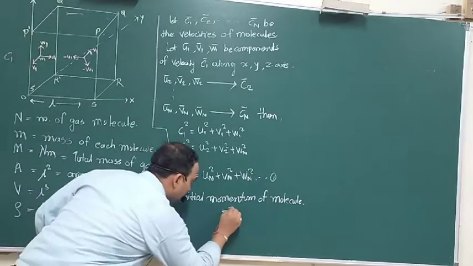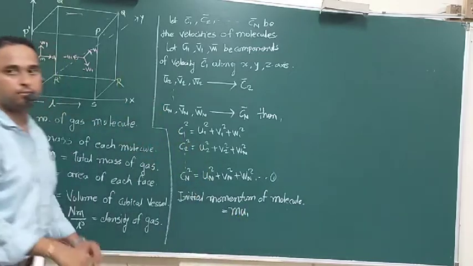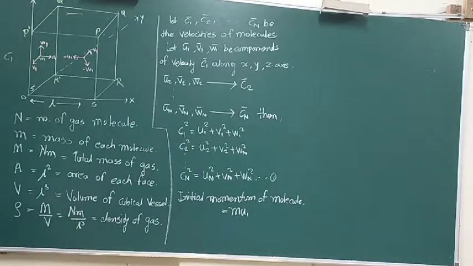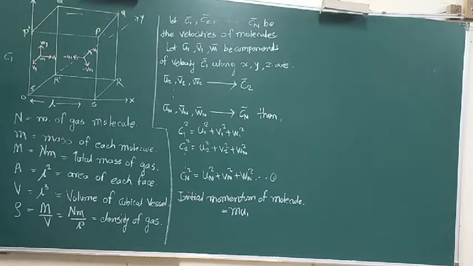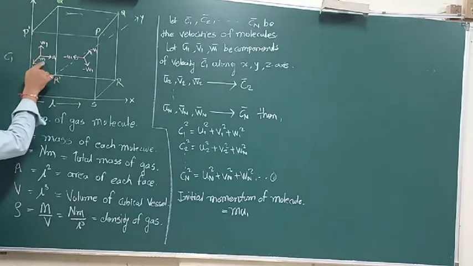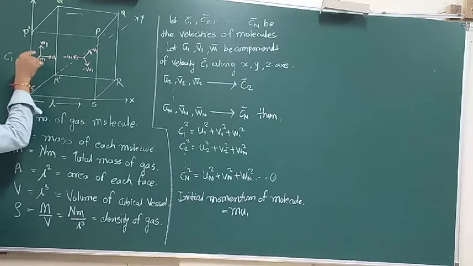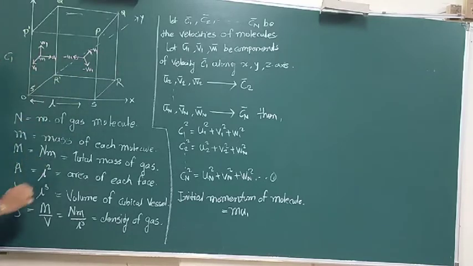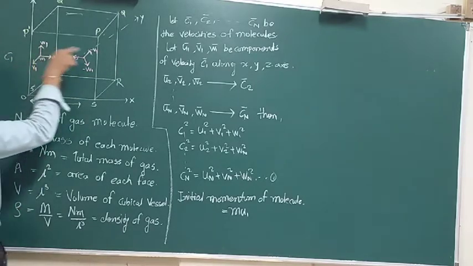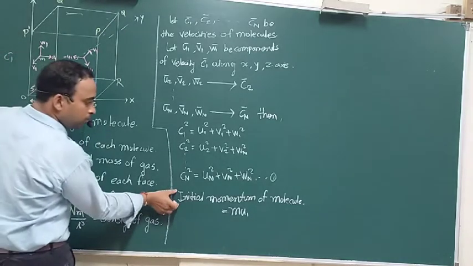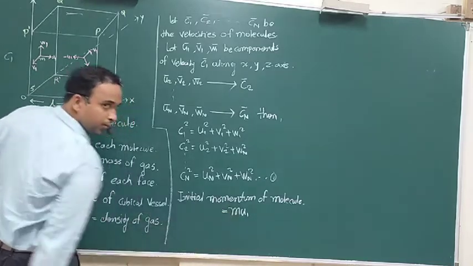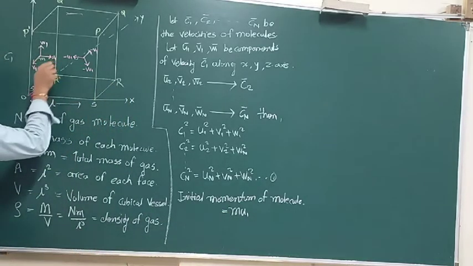So the initial momentum is m u1. Now the molecule collides with the wall PQRS. This molecule is moving along the x-axis towards the wall PQRS, so the initial momentum of the molecule is m into u1.